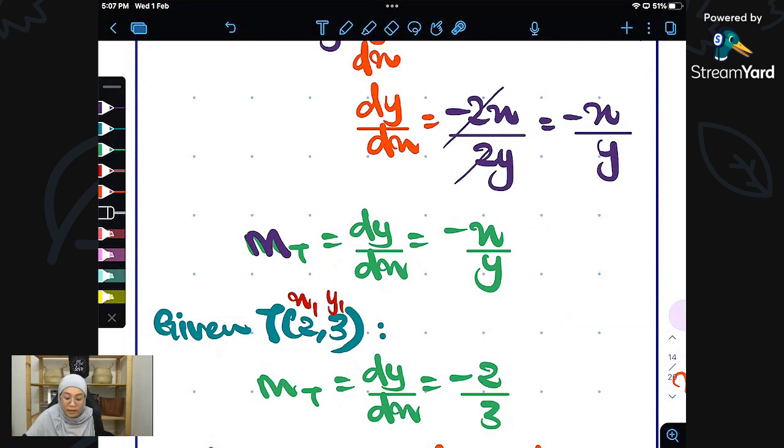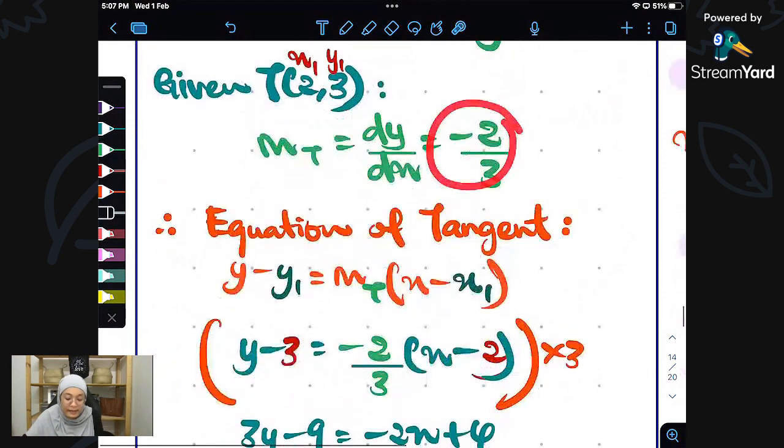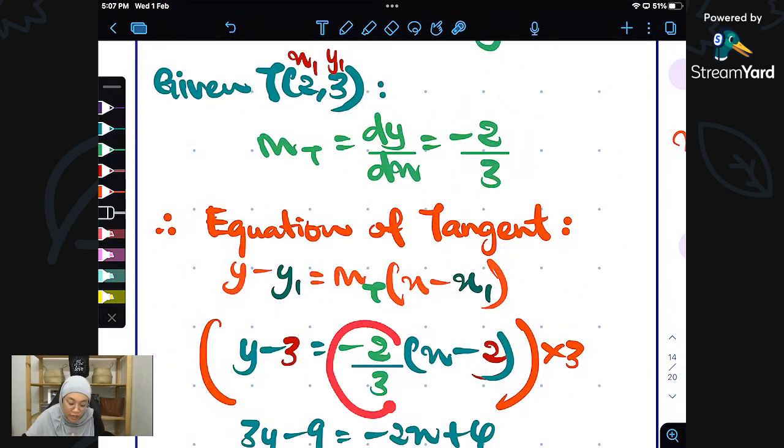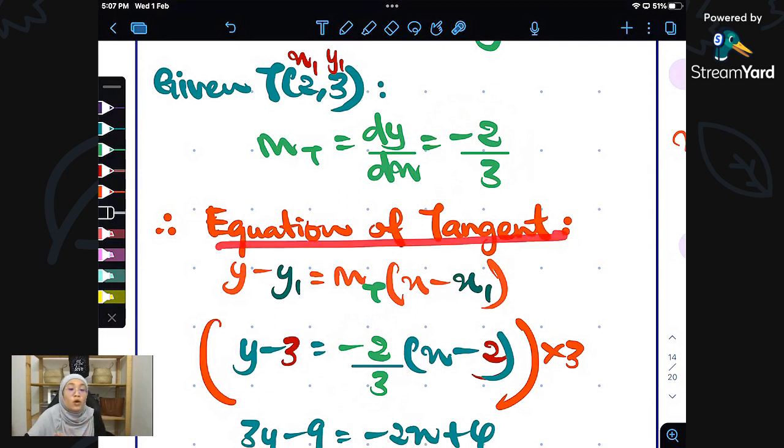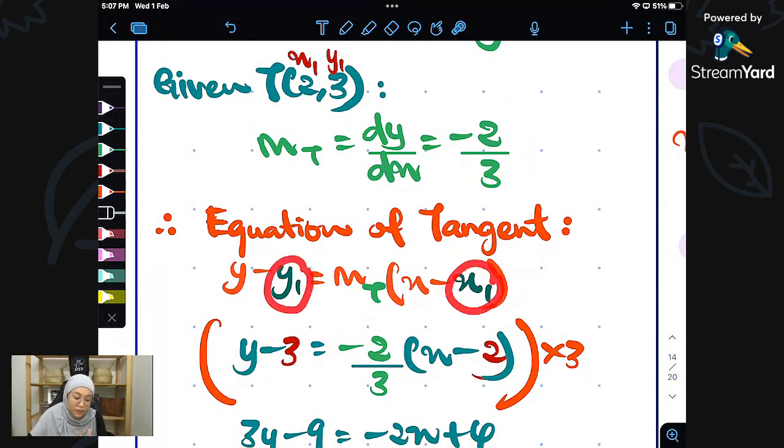And so I got negative 2 over 3, and then I can now sub my gradient mt into the equation of tangent that you are already very familiar with. Don't forget to sub in the y1 and the x1 from this point here, 2 and 3.